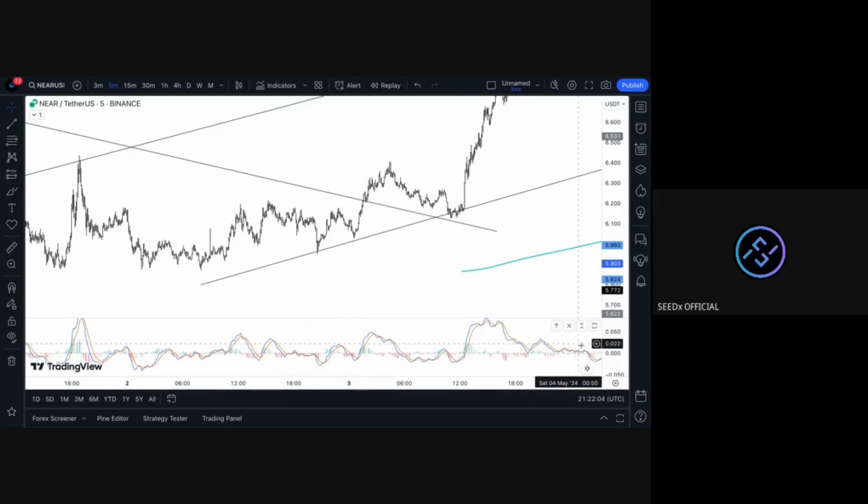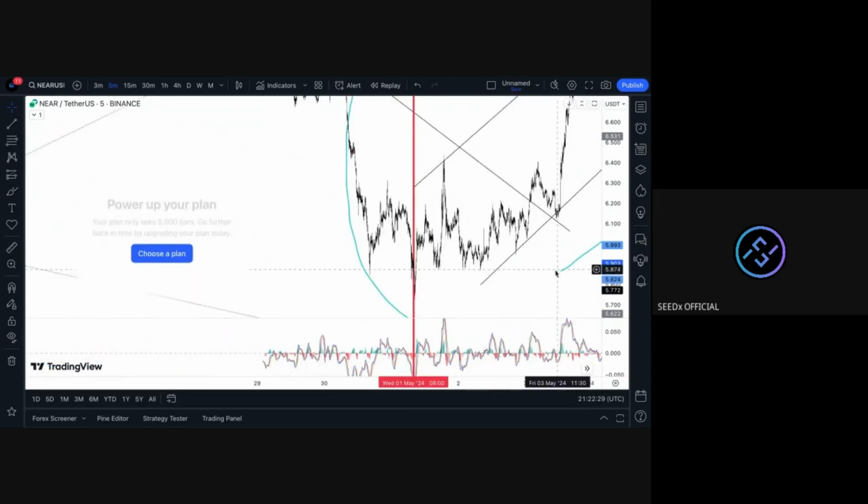Once there's a line separating, there's the up part and the down part, and a line separating both of them. When you see something like this happen, crossing below, you know that this is an actual buy signal. And when it's crossing above, you know that it's a sell signal. So one way to find perfect entries is by using this indicator.